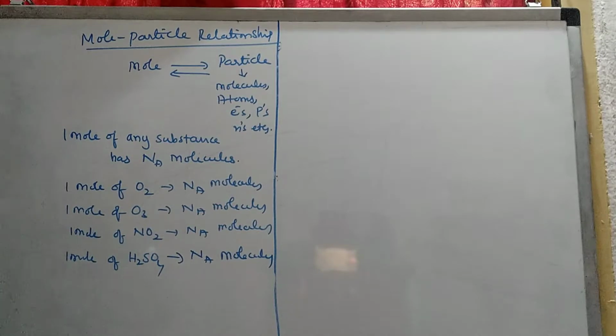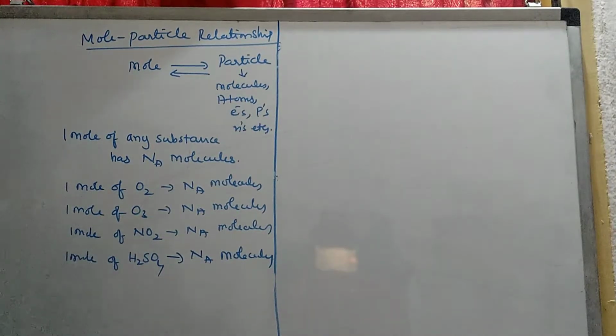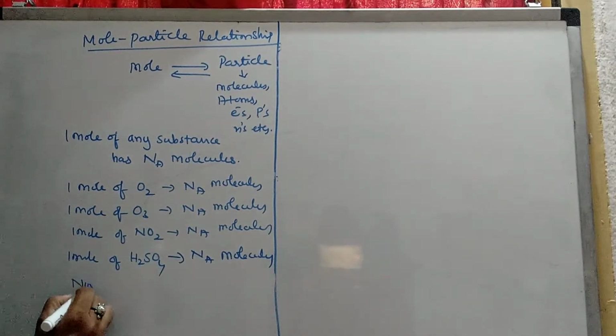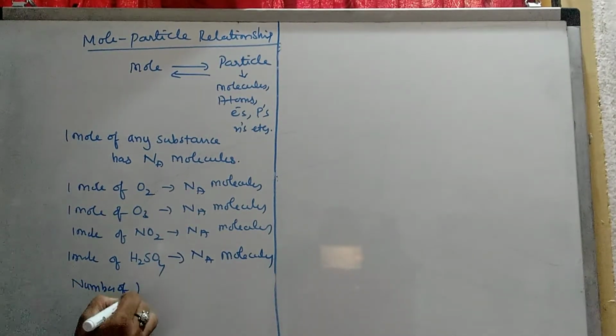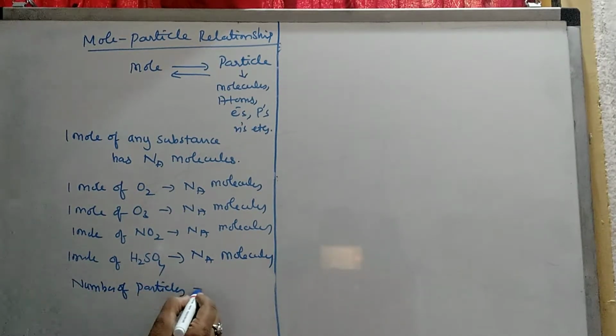Now how can we find the number of particles when the mole is given? Simple formula: number of particles, let us call it Np.